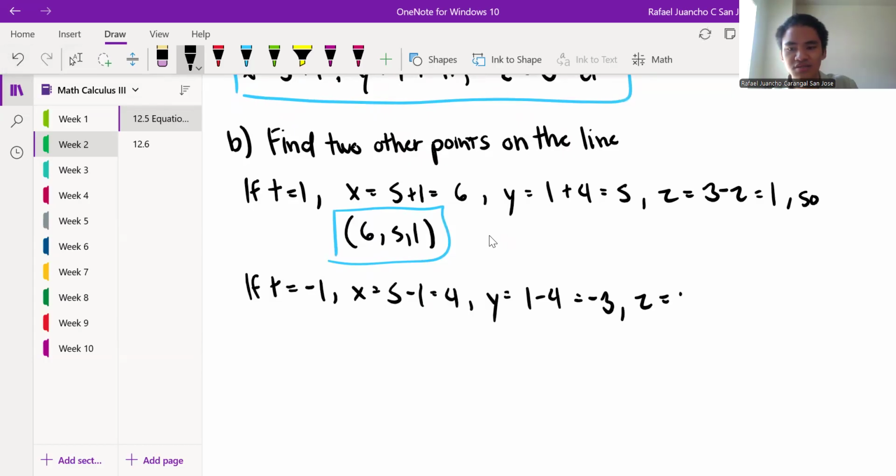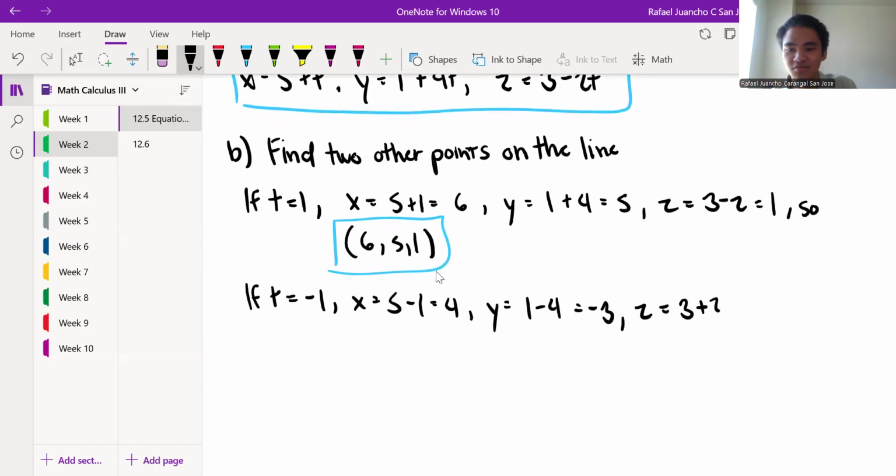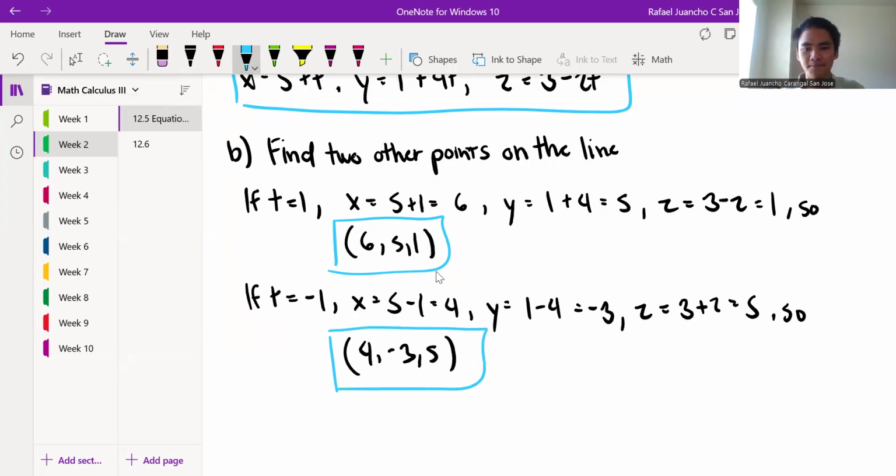And z is 3 plus 2, because minus 2 times negative 1 is plus 2. So 3 plus 2, which is 5. And so another point could be 4, negative 3, 5. So we have that other point. We're using these parametric equations to get x, y, and z coordinates.